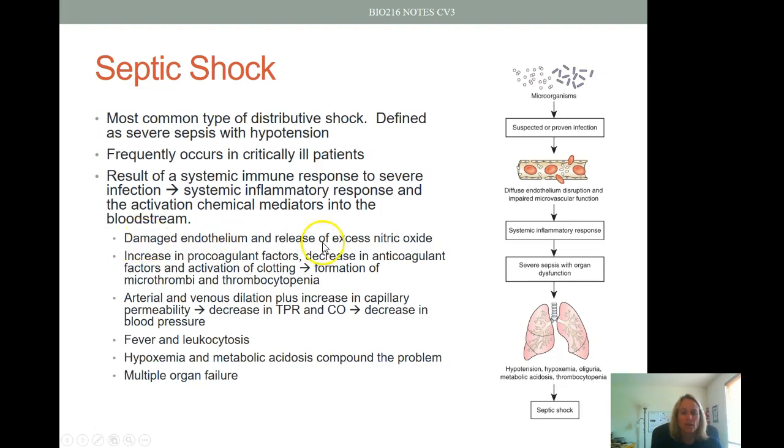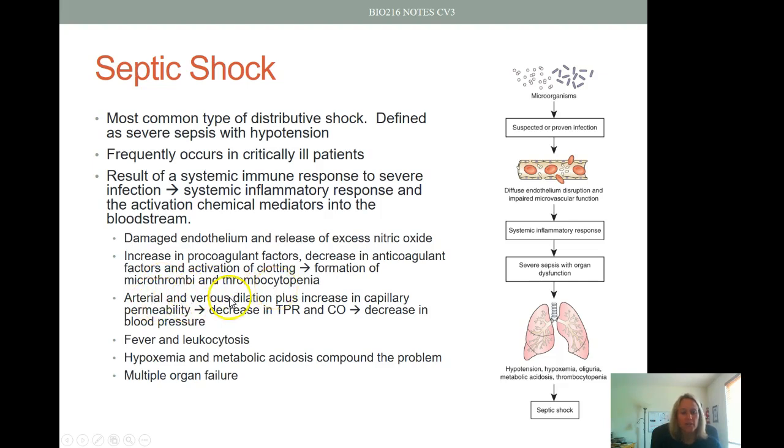So we get a damaged endothelium in the blood vessels and the release of excess nitric oxide, which is going to cause vasodilation. We get an increase in procoagulant factors and a decrease in anticoagulant factors. We get activation of clotting, the formation of microthrombi, and thrombocytopenia.